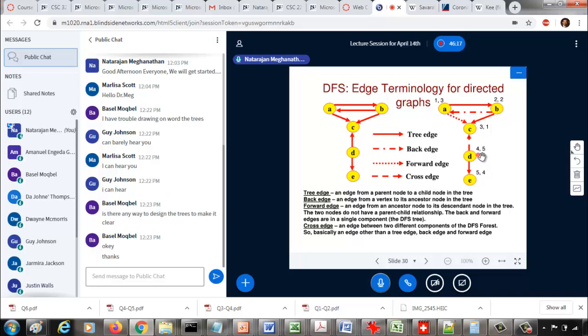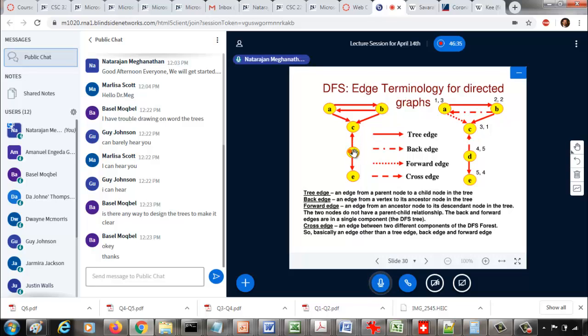So from D we try to explore an outgoing edge, to go to a vertex that has not been visited yet. You have 2 outgoing edges from D, one going to C, one going to E. Now what kind of edge is the edge from D to C?